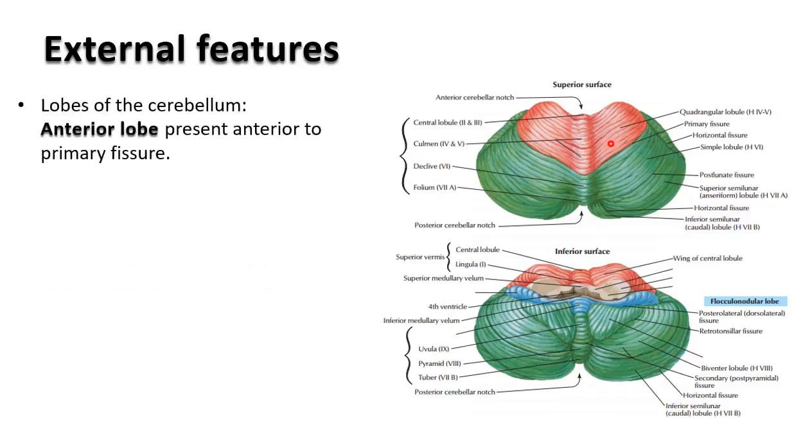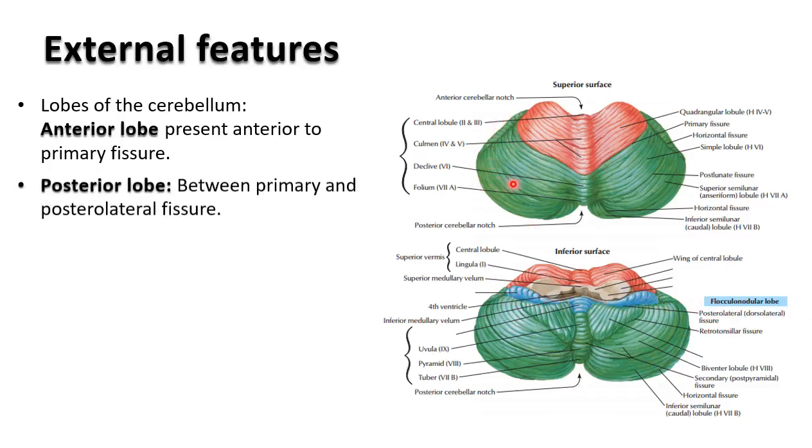Here you see the primary fissure, and anterior to it is the anterior lobe. Then between the primary fissure and the posterolateral fissure you see the middle or posterior lobe, which is very extensive.